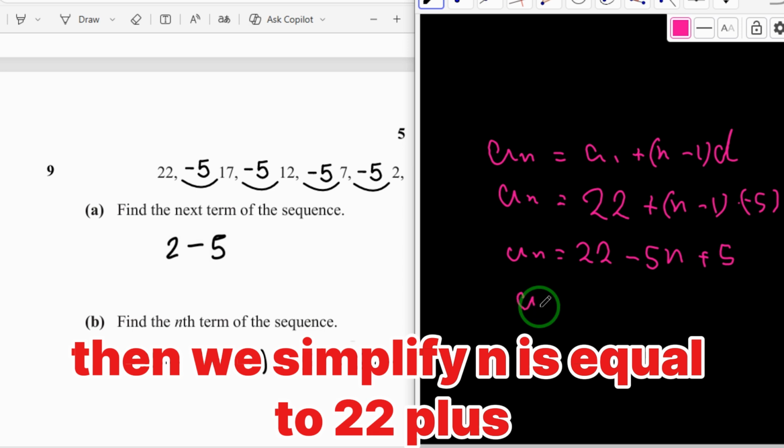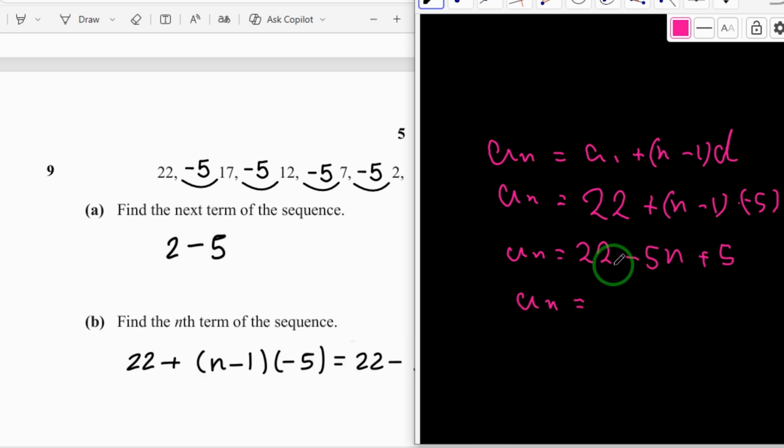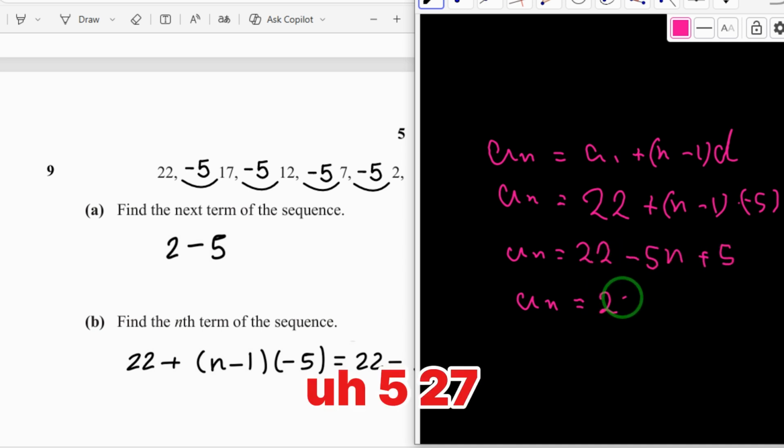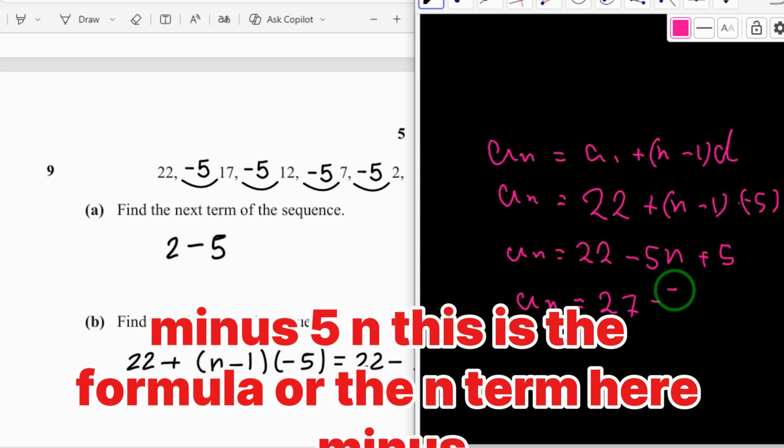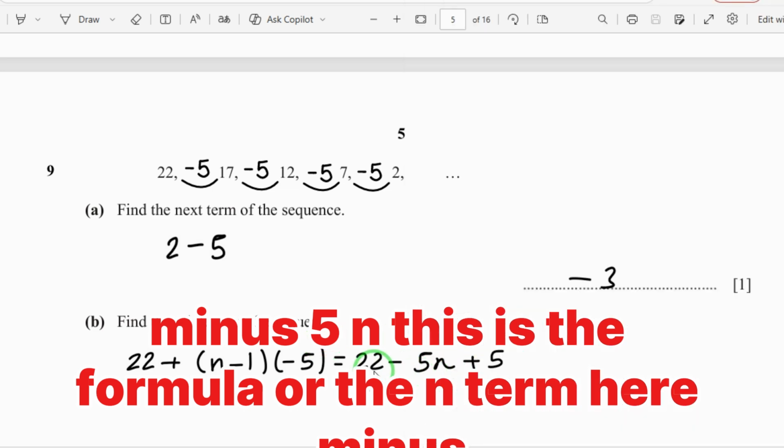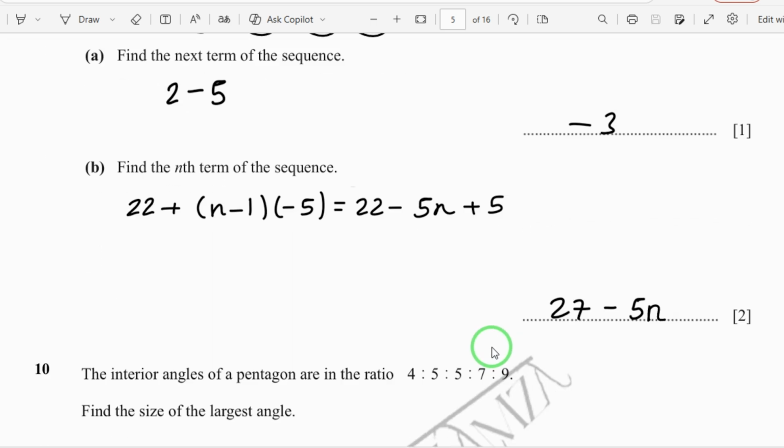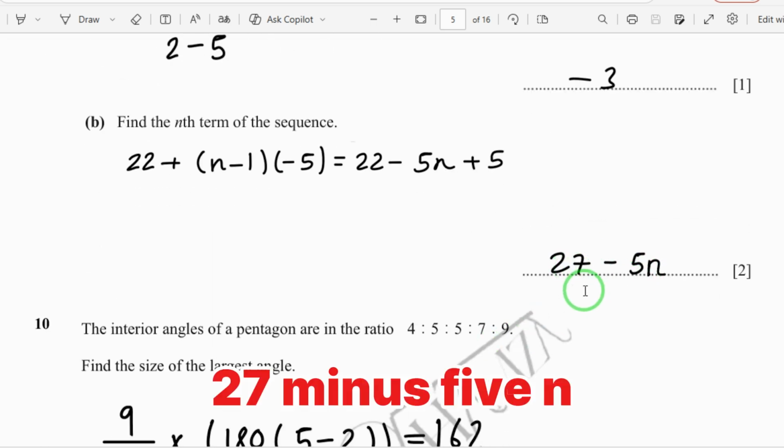Then we simplify. an is equal to 22 plus 5 minus 5n, and this is the formula, or the nth term: 27 minus 5n.